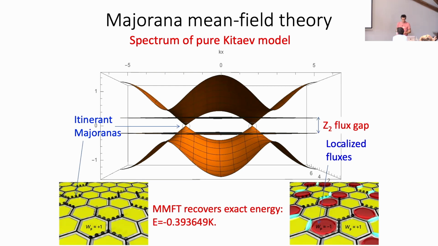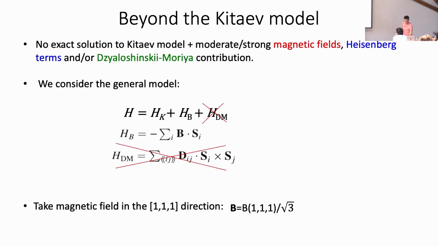So this would be the solution of just the Kitaev model using this mean field. It just recovers what we know. It's a bit like just the dispersion relations of the Kitaev model, where you have the Dirac cones for the itinerant Majoranas, and then there's this small flux gap when you excite the fluxes on the lattice, right?